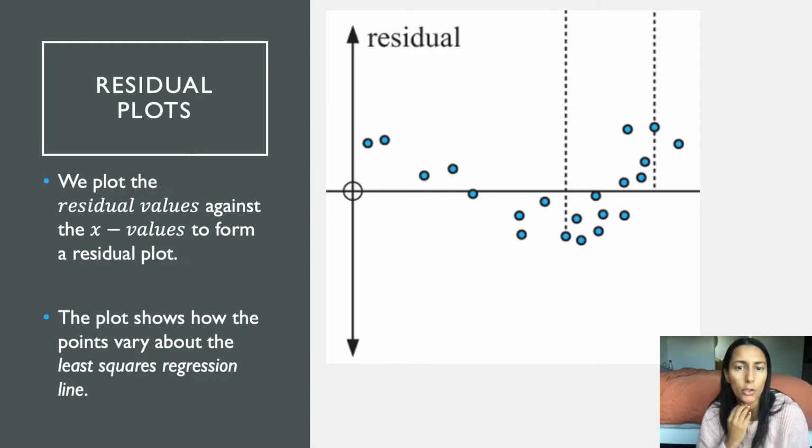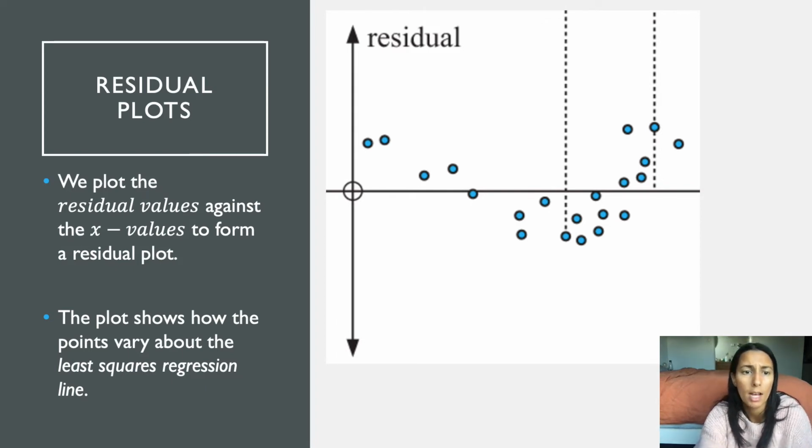And when you get a residual plot, it'll look something like this. You plot it against your X values that you have in your original data set. Usually we do our X values in list 1 and we have our Y values in list 2 and then we graph them. To make our residual plot, we still have our X values in list 1, but then we're graphing them against these residual points that we get.